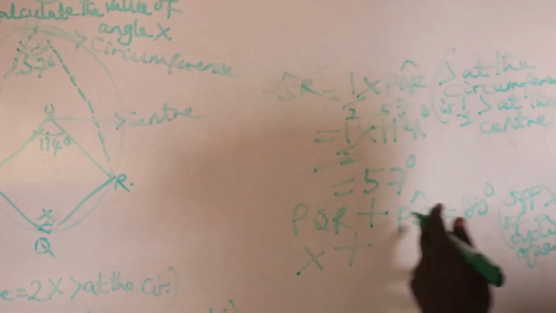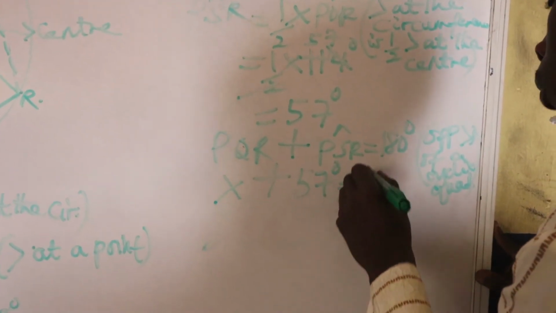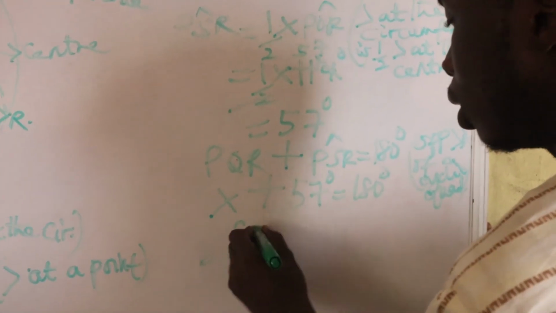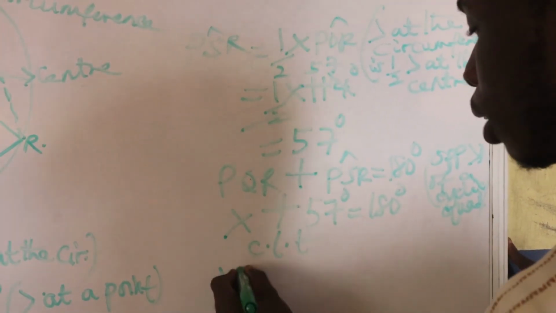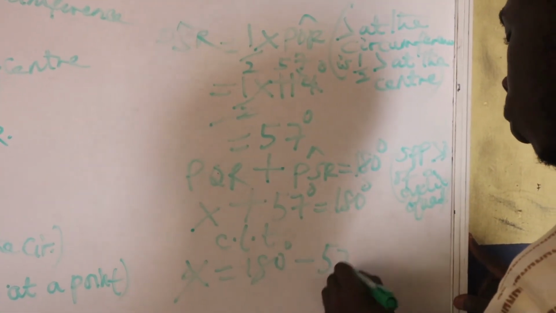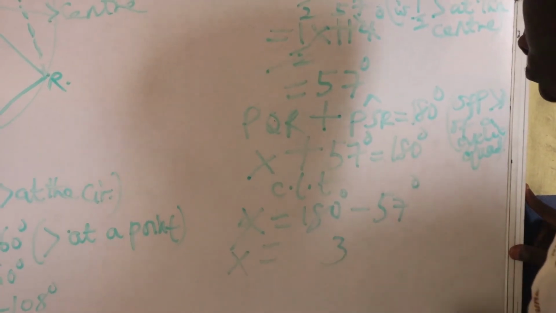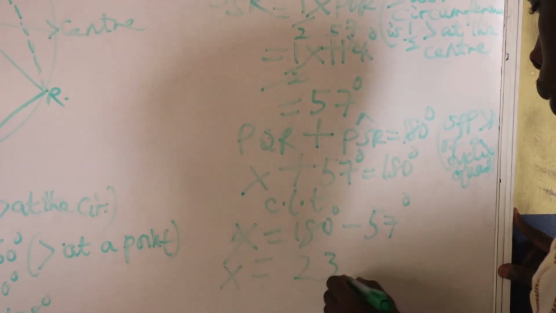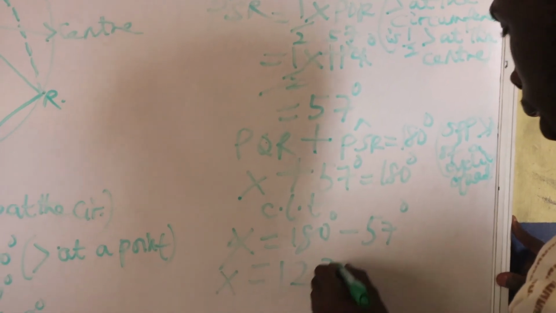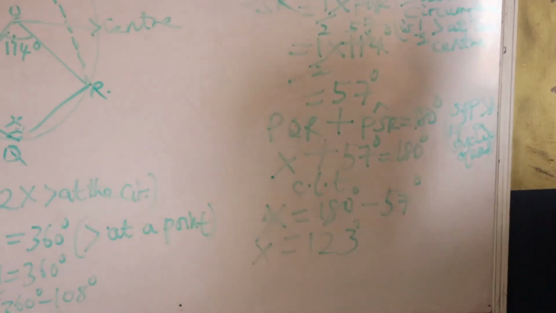So you have X plus your PSR, which is 57 degrees, equals 180. At this point, you collect like terms. X equals 180 degrees minus 57 degrees. Then I have 3 here, 2 here, 1 here. So that is 123 degrees.